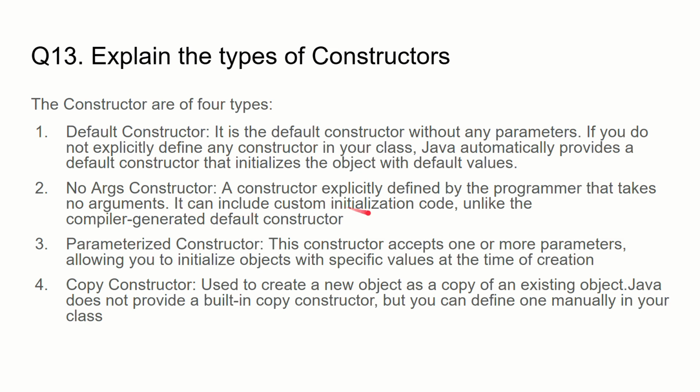Basically, it can include a custom initialization code, like say a print statement that an object is getting created. Third is parameterized constructor. It accepts parameters for custom initialization. Fourth is a copy constructor, used to create a copy of an existing object. Java doesn't provide this by default. You have to define it manually.